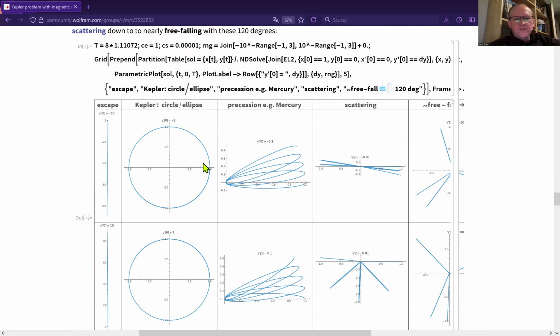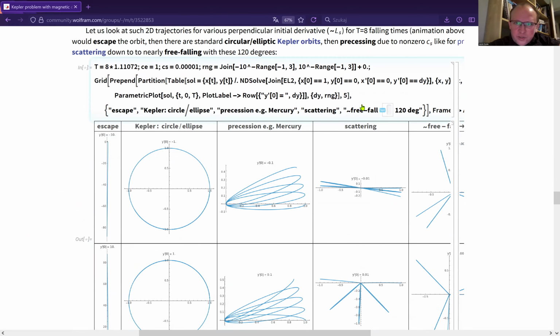We start, like previously, with x equal 1, y equals 0, and z is 0 all the time. And now we start with 0 velocity in the x direction, and a chosen varying velocity in the y direction. So the vertical velocity is different.